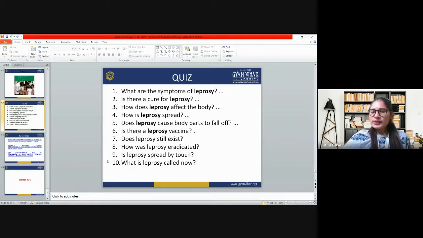How is leprosy spread? Does leprosy cause body parts to fall off? Does a leprosy vaccine exist? How was leprosy eradicated? Is leprosy spread by touching? What is leprosy called now?